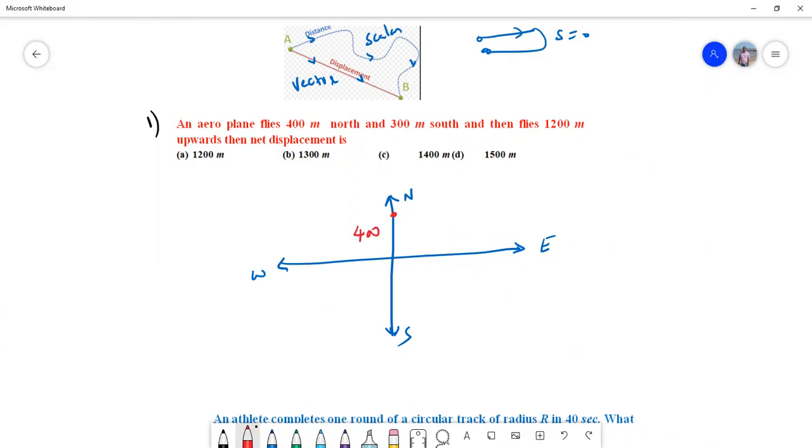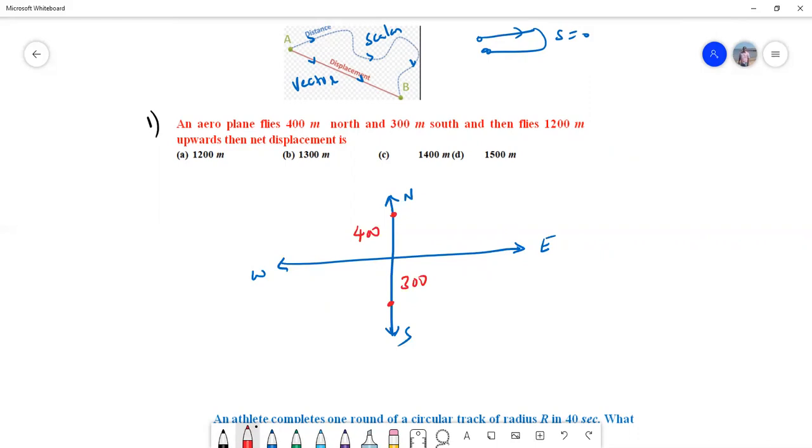Then afterwards, 300 meters south. So what is south? This direction. So again, it changed its direction. After going 400 meters towards north, it went 300 meters south. Then again 1200 meters upwards. Okay, from the same point, it went upwards.